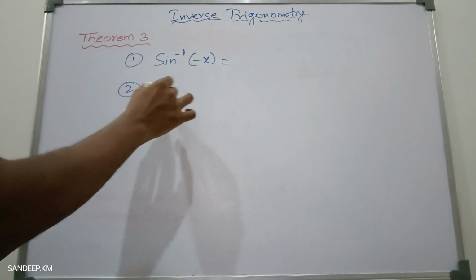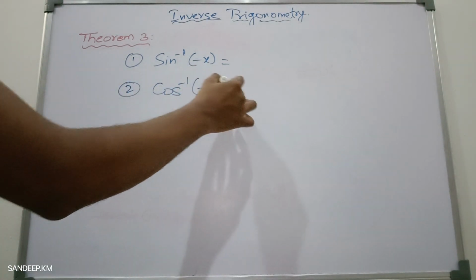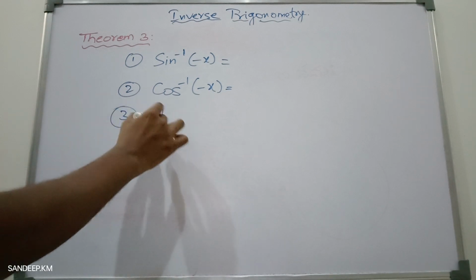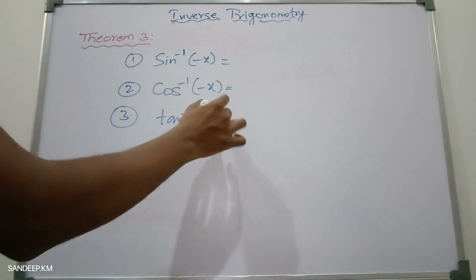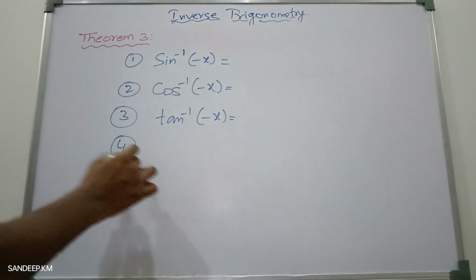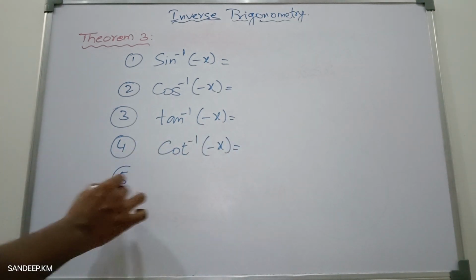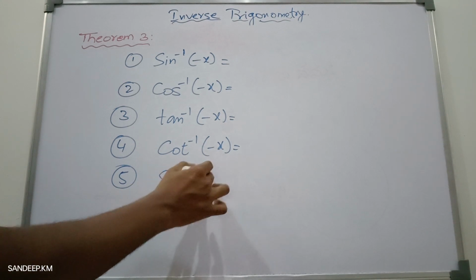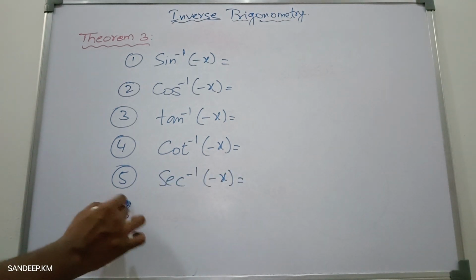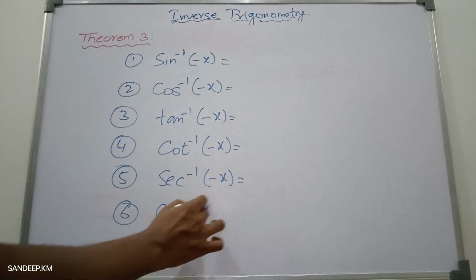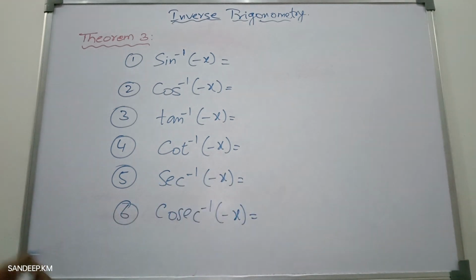Number 2, cos inverse of minus x. Number 3, tan inverse of minus x. Number 4, cot inverse of minus x. Number 5, secant inverse of minus x. And number 6, cosec inverse of minus x. Inverse trigonometric ratios of minus x.